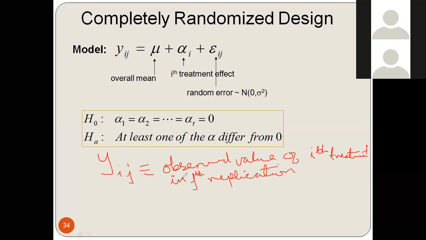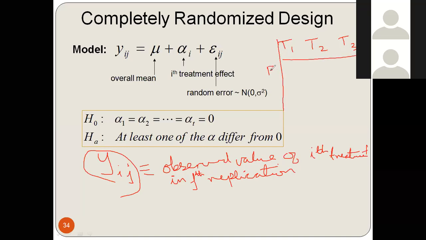So this is how we interpret Yij. Yij is the observed value of the ith treatment in the jth replication. For example, let's say I have treatment 1, treatment 2, treatment 3. Three treatments are there.